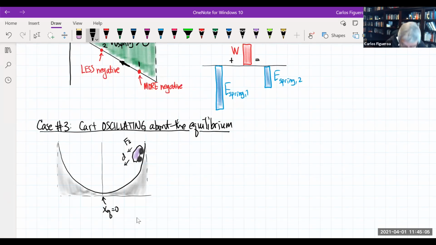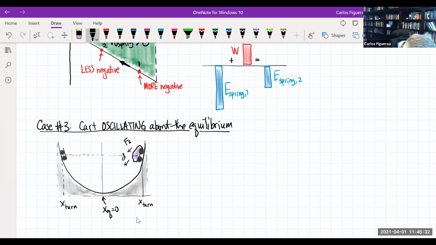But this tells us that if nothing is lost, this turning point right here is X turn, and this one right here is also X turn. Then the cart reaches its maximum height right here.